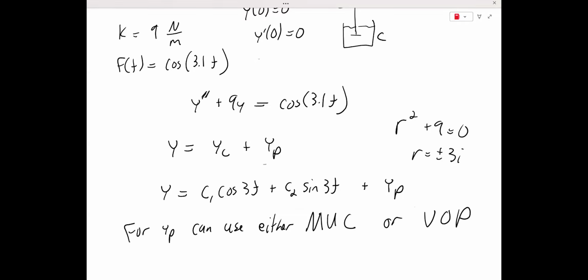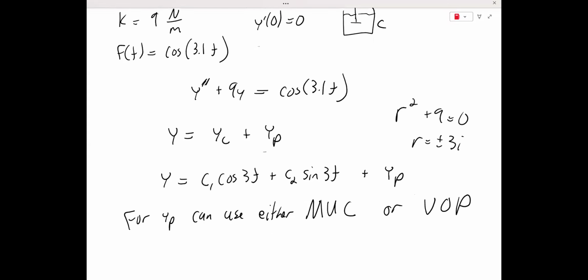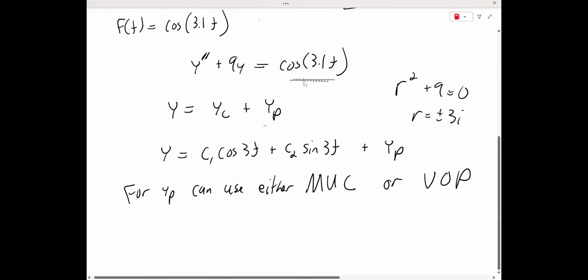So you can use either one of those for y sub p, and it's up to you which one you want to use. Probably in general, if you have sines or cosines like this, undetermined coefficients is easier than variation of parameters. Okay, so you could use either one though.